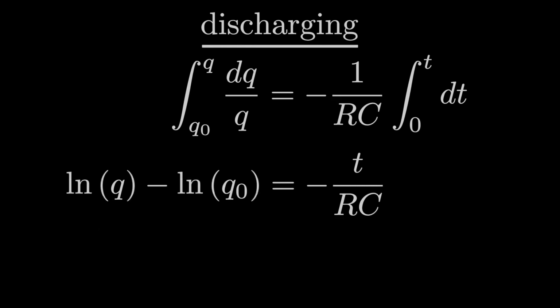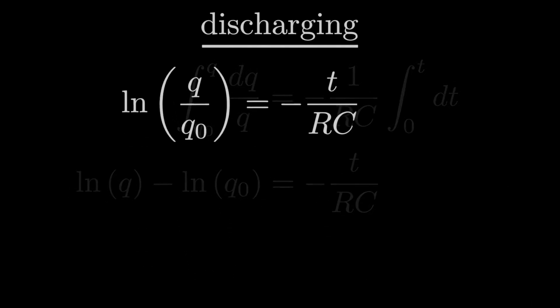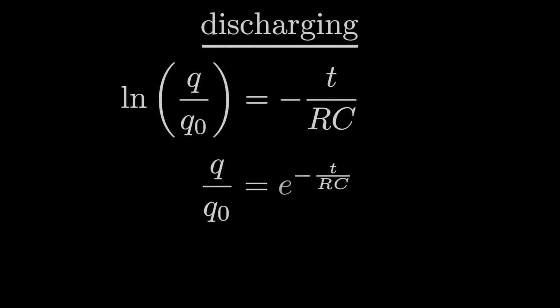We can make use of our favorite log property again, because we're trying to solve for q here. Then all we have to do is take the exponential on both sides and multiply by the initial charge of the capacitor on both sides, and we're left with the charge on the capacitor as a function of time.